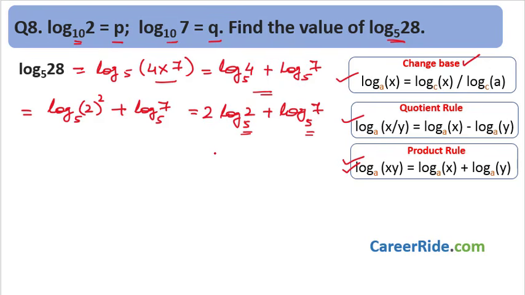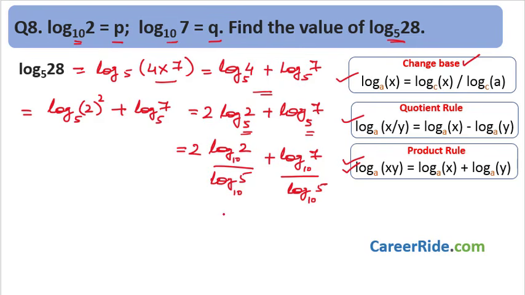So this is equal to 2 log 2 base 10 divided by log 5 base 10, plus log 7, base 10, because that is what we are given, and the denominator will be log 5 base 10.